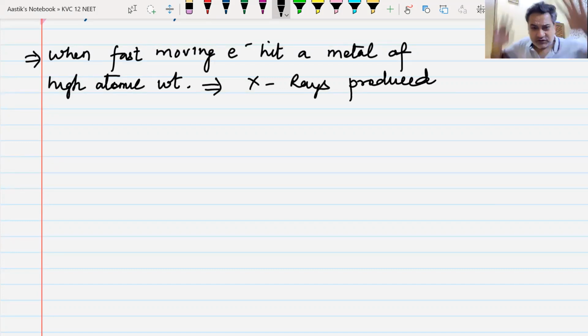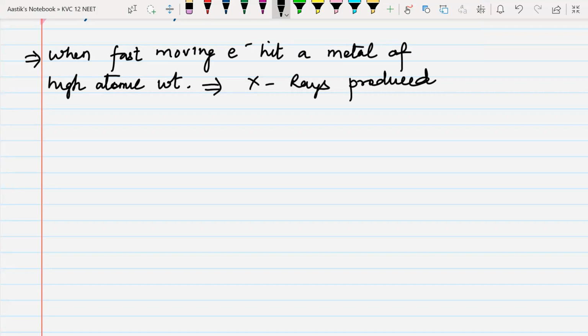When fast moving, highly energetic electrons which have large kinetic energy strike a metal plate which has a high atomic weight, then you have X-rays getting produced.